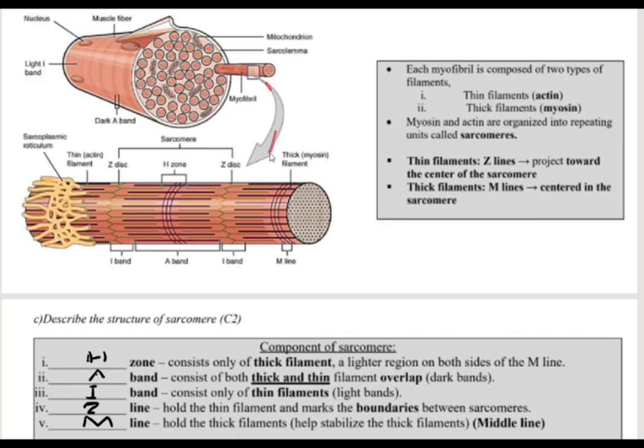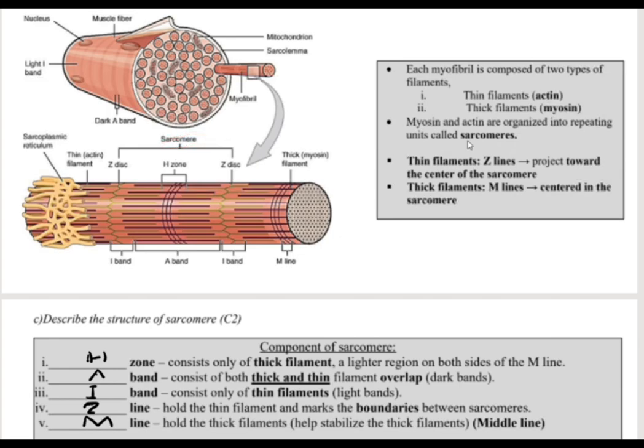Okay, so let's zoom in on the myofibril. The myofibril contains thin filament, which is made out of actin, and thick filament, which is made out of myosin. The myosin and actin are organized into repeating units called sarcomeres. So here's the sarcomere.